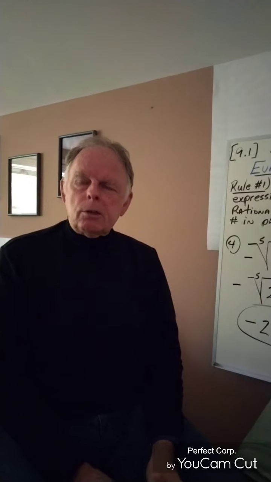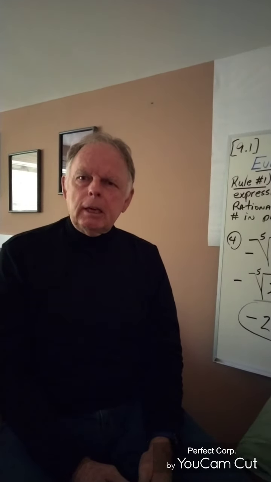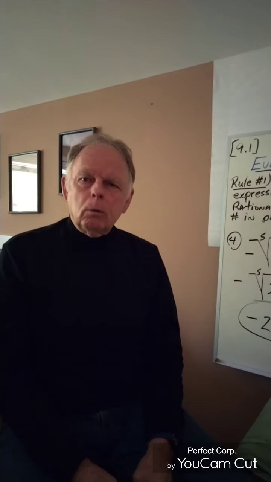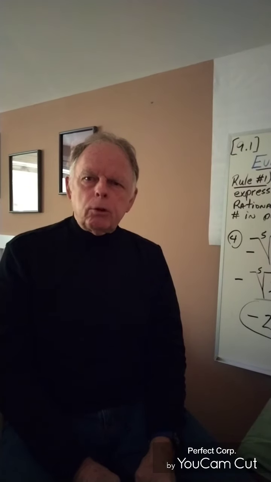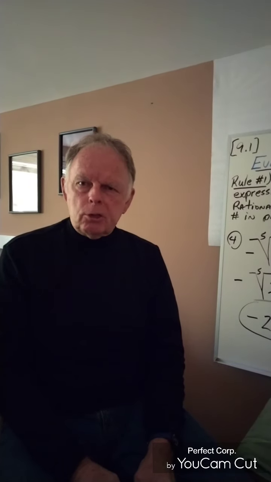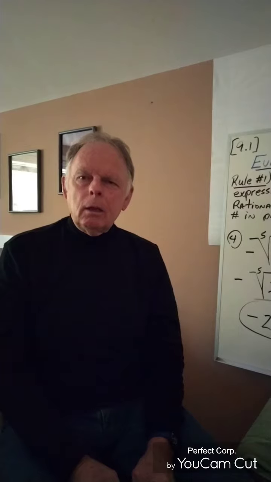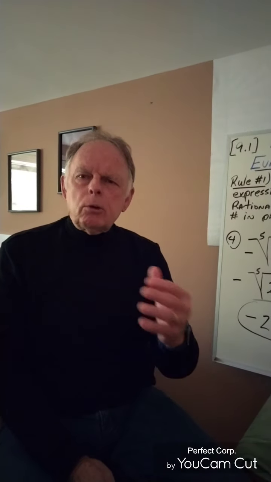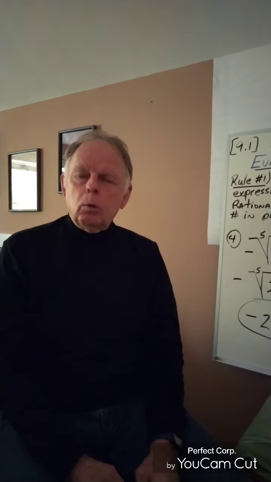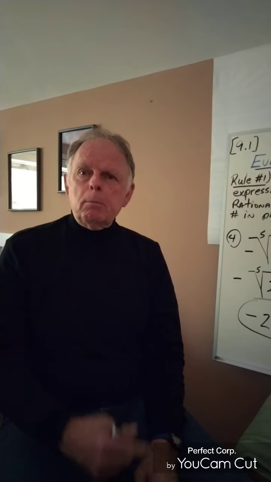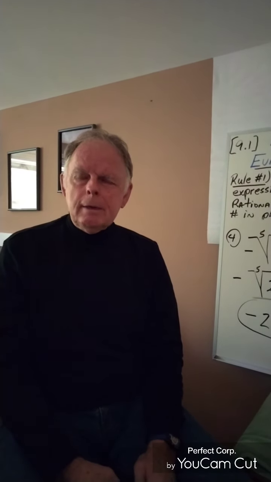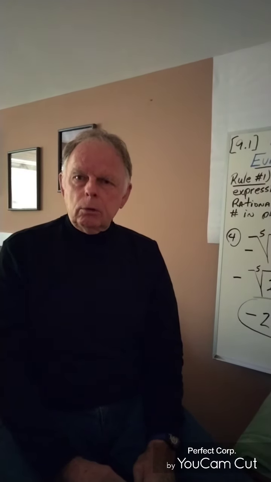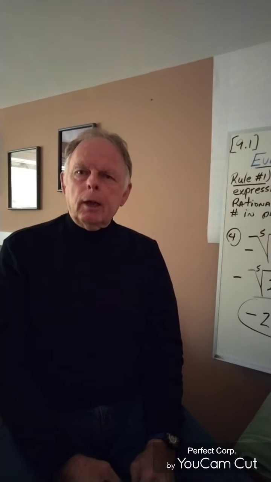Now, I would venture to say that some of you might be thinking right now, what if the radical expression doesn't represent a rational number? Well, that's what we're going to be dealing with as we move forward into Chapter 9 and we get into 9.2. One little final thing.